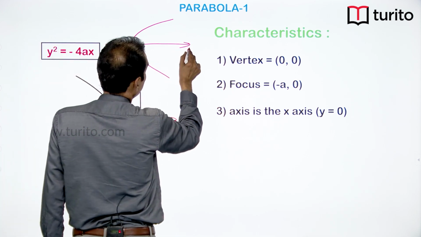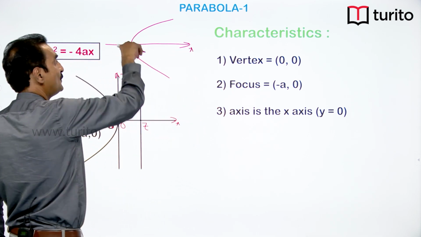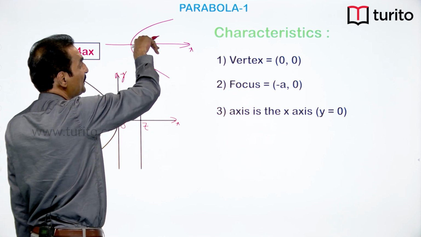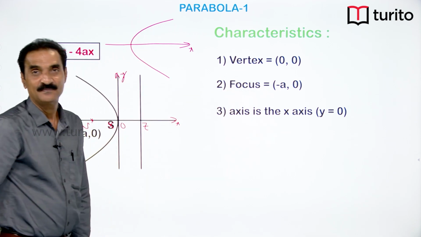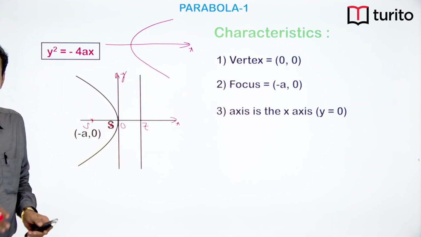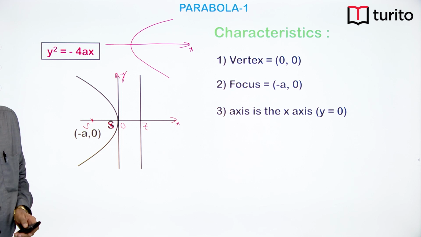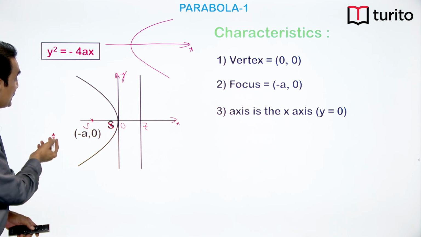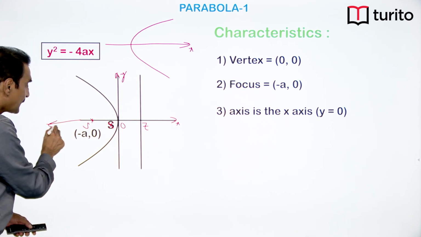Here this is the positive x axis. So, we can particularly say that the axis of the parabola is the positive x axis. The parabola is towards the positive x axis. Though a straight line has no direction, we say that the axis of the parabola is the positive x axis. Here the axis is the negative x axis.